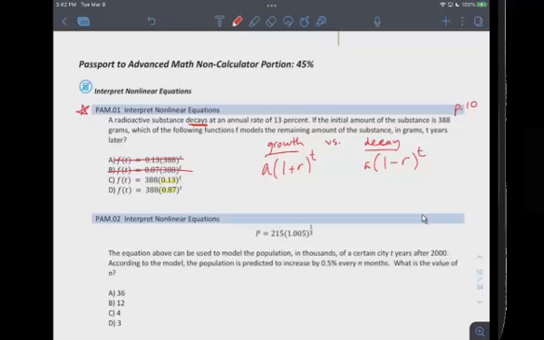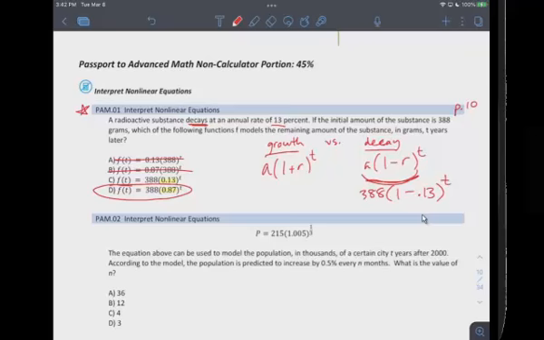That's a value that's much greater than 1. Okay, so what we're seeing here is if it's decreasing at a rate of 13%, we're going to use this form. So it's A, the initial amount, which is 388, times 1 minus the 13% as a decimal, so 0.13, to the power of t. And so this gives you the form that you're looking for, which would give you answer choice D.